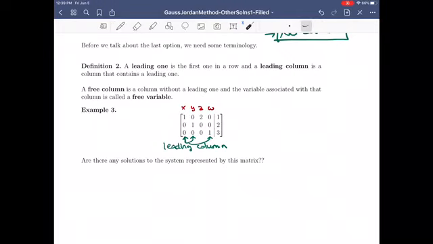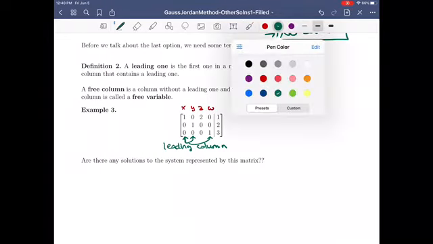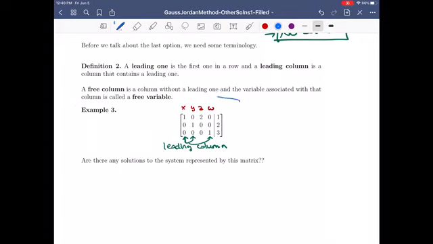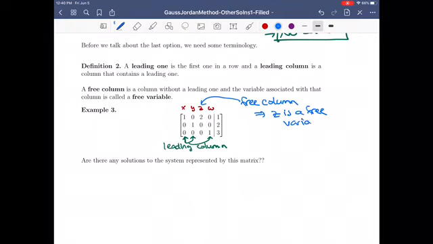So that means that column 3 does not have a leading one. Even if this number was a 1, it's still not a leading one because this one is before it. So this column has no leading 1, which means that it's a free column, which means that z is a free variable because z is the variable associated with that column.